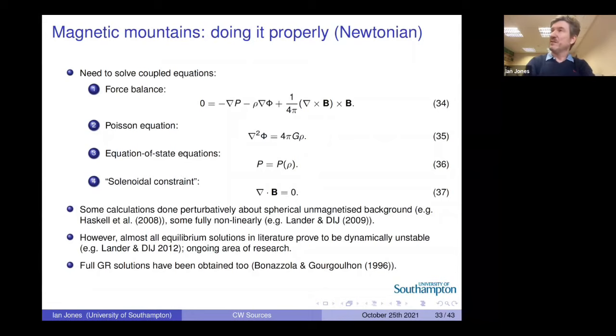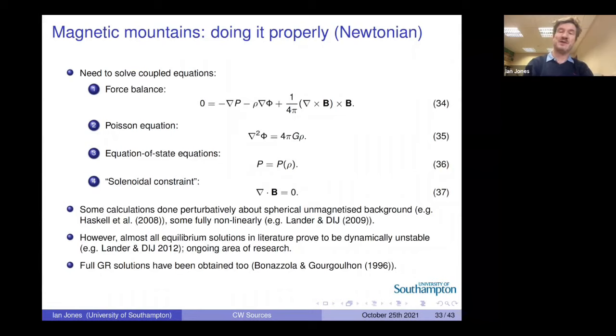And if you do that, you confirm that the back of the envelope estimates from the previous slide are roughly correct. But there is something of an embarrassment in this field, which is that the magnetic fields that you typically find when solving this static type problem turn out to be dynamically unstable.